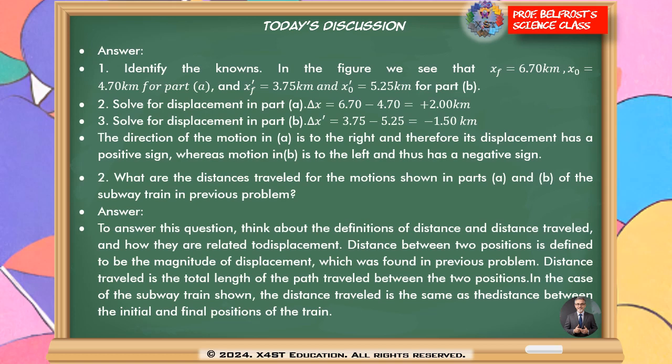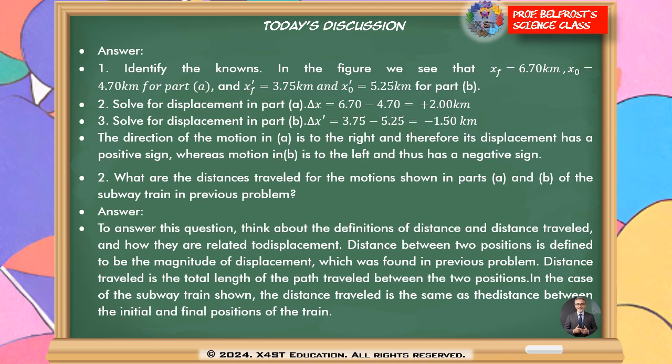So we have identified that for part A, xf is 6.70 and x0 is 4.70, and for part B, xf is 3.75 and x0 is 5.25. Once again, all are in three significant figures, though I only write two significant figures if the last digit of the number is 0.